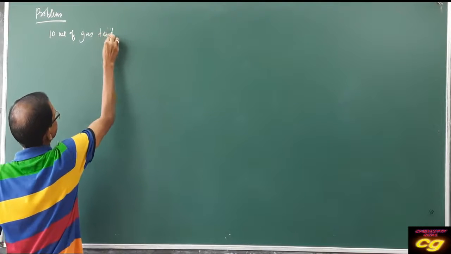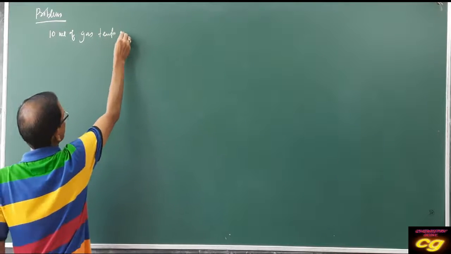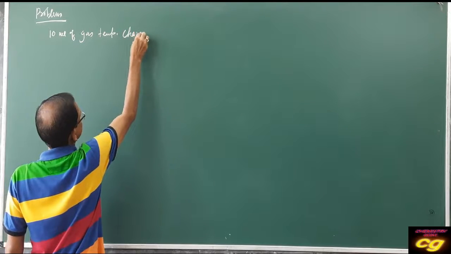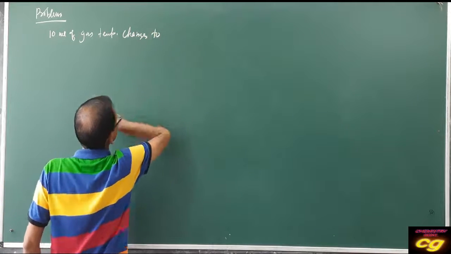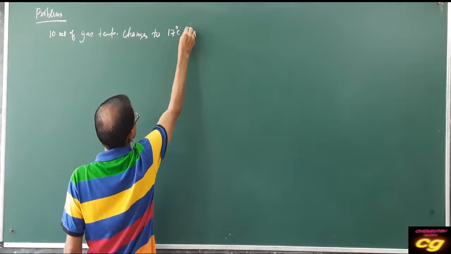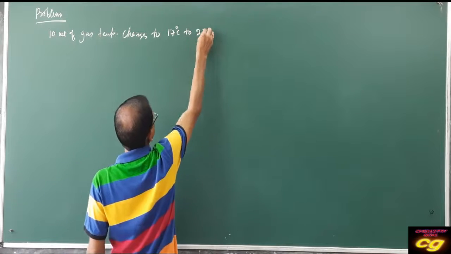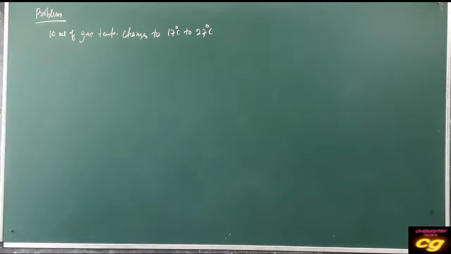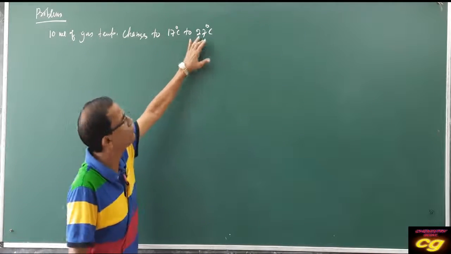Temperature changes to 17 degrees Celsius to 27 degrees Celsius. 10 ml of gas, its temperature changes from 17 to 27.